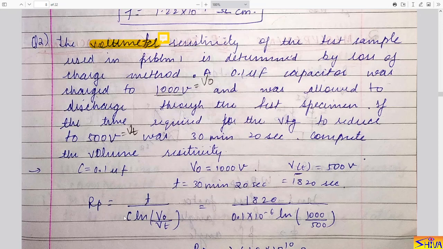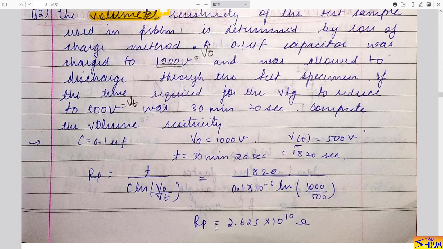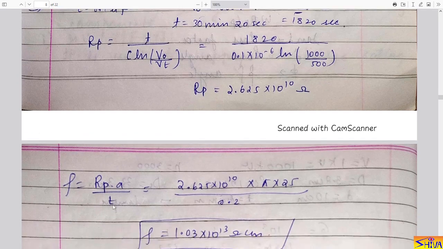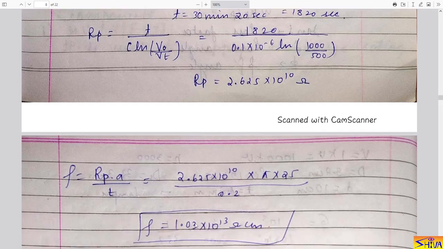So this is the formula for Rp. T is 1820, C 0.1 microfarad, so 0.1 into 10 to the power minus 6, ln V0 upon Vt. So we are getting Rp is 2.625 into 10 to the power 10 ohms. So using this we get the volume resistivity as 1.03 into 10 to the power 13 ohms centimeter.